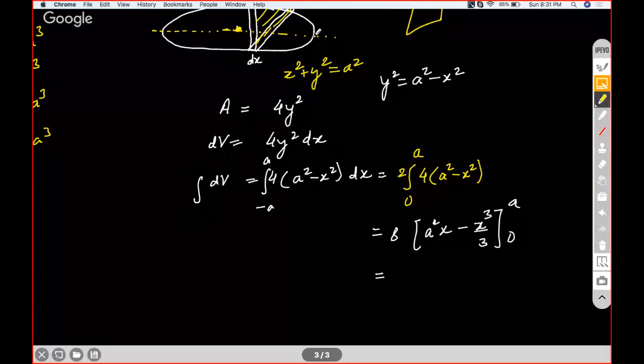It is actually starting from this position. The volume will be going from 0 to 0 in this case, so you don't need to write that. You can directly say V is equal to this.